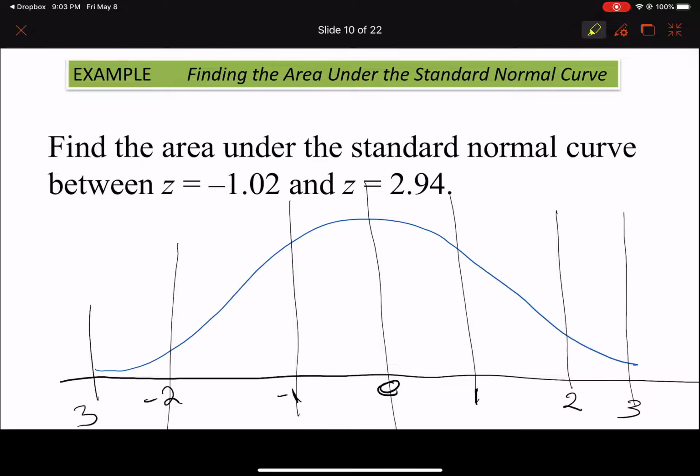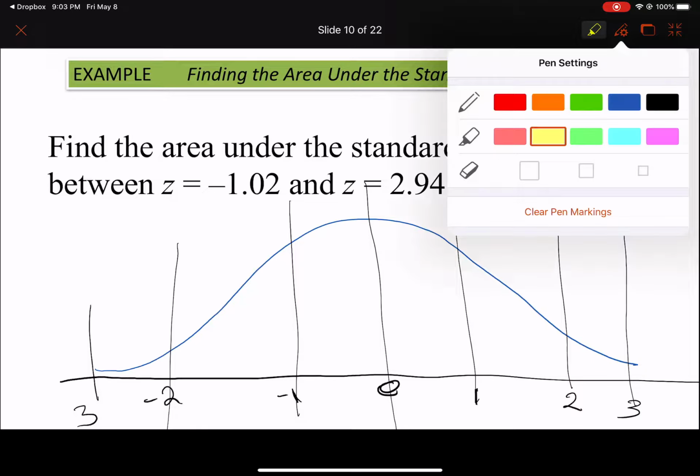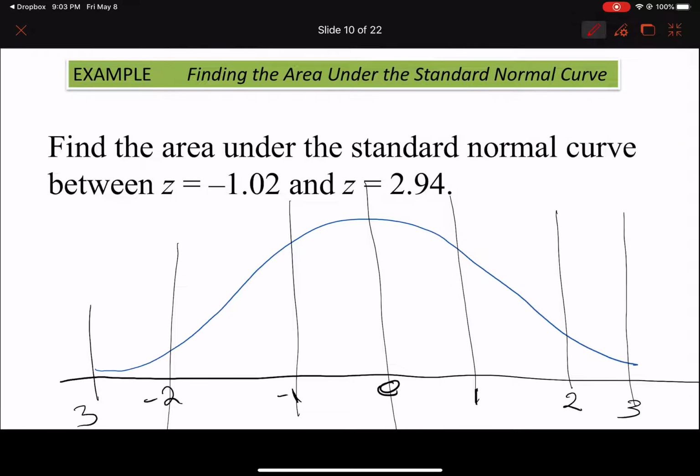So let's see, so my 2.94 is about right here. This is about 2.94. I'm just grabbing some numbers or some areas here. Negative 1.02 is about here. So what I'm looking for, I need the area of all of this in here. This is what I need right here.